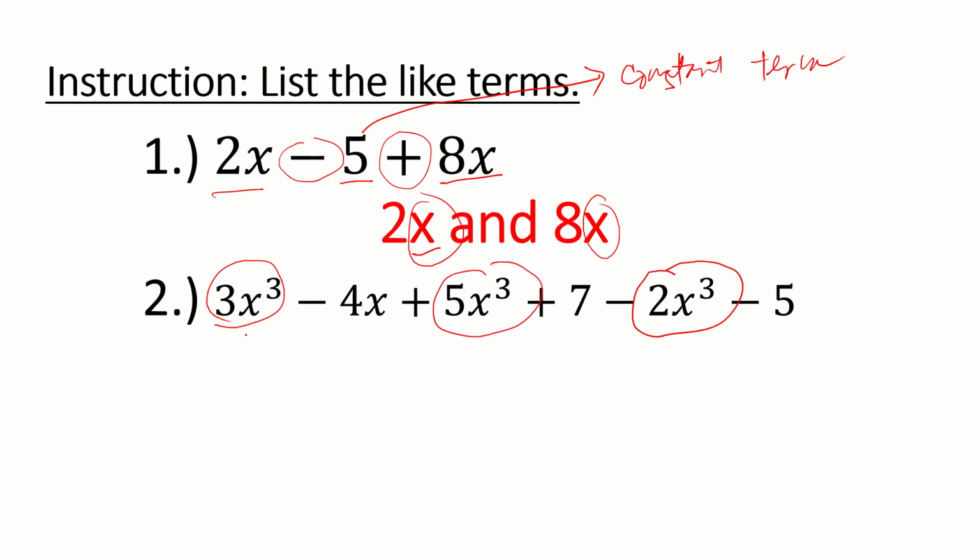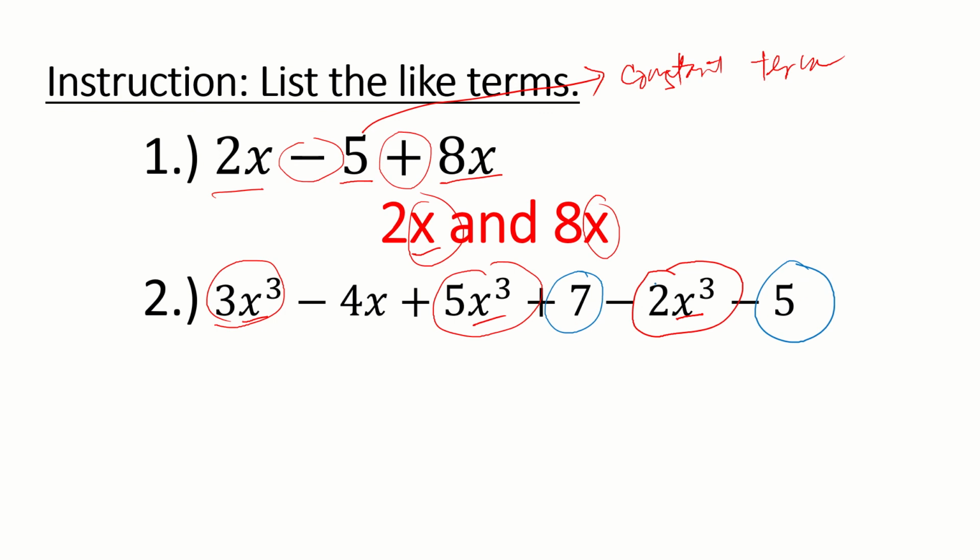So these are like terms because they share the same literal coefficient, which is x cubed. Do we still have another answer? Yes, that's correct. We have another answer, which is 7 and the 5. You can think of it as a 5 or negative 5.